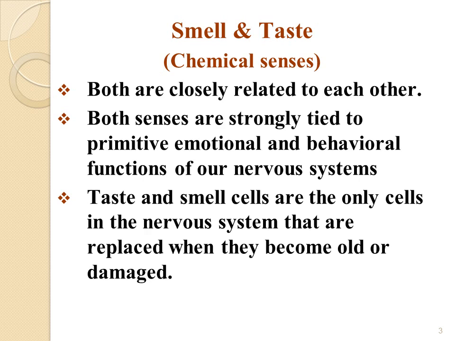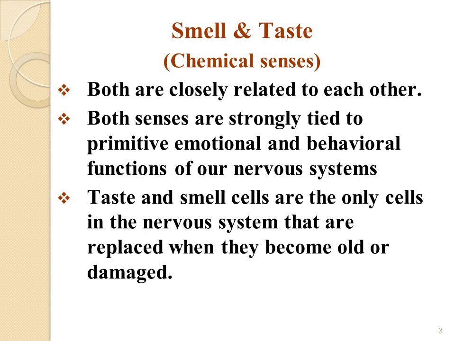Because smell and taste are closely related, they depend on chemical substances that are detected by the receptors and sent into the nervous system. Taste and smell cells are the only cells in the nervous system that are replaced when they become old or damaged.